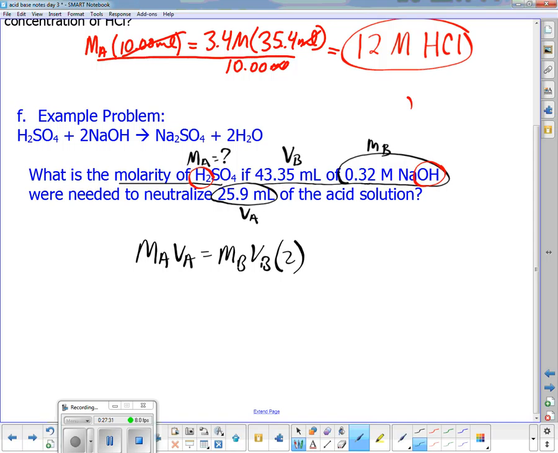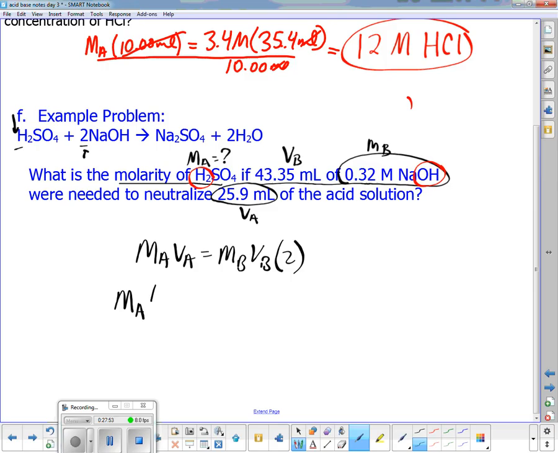Now, I could have written the equation like they did right here and balanced it, and I could see real quickly for every one of these, I need 2 of these. But I can also do that by just looking at it in the problem and not having to write the equation. So plugging in, my MA, I don't know, so I just write MA again.